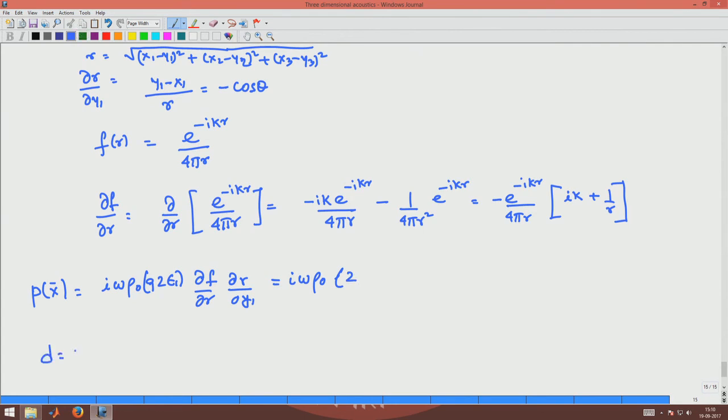So, d is equal to 2 epsilon, d is the distance between the two monopoles. So, here we will have q times d times del f/del r, and del f/del r is given by that expression, and del r/del y 1 is given by minus cos theta. So, that is what I am writing now, multiplied by minus e to the power minus i k r by 4 pi r into (i k plus 1 by r).